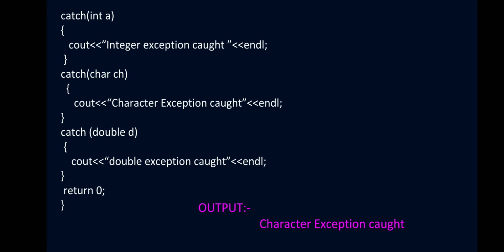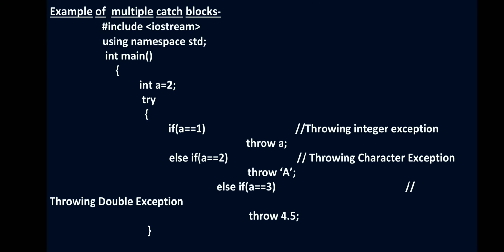Now let us see, in this case I'm throwing 3 different exception objects. So I have got 3 different exception objects by writing 3 different catch statements. If a equal to 1, I'm catching by using integer. I have written a catch block with an integer argument. A equal to 2, I'm throwing character, so I've written a catch block with a character argument. Then if a equal to 3, I'm throwing a double exception, so I've written a catch block with double exception type.